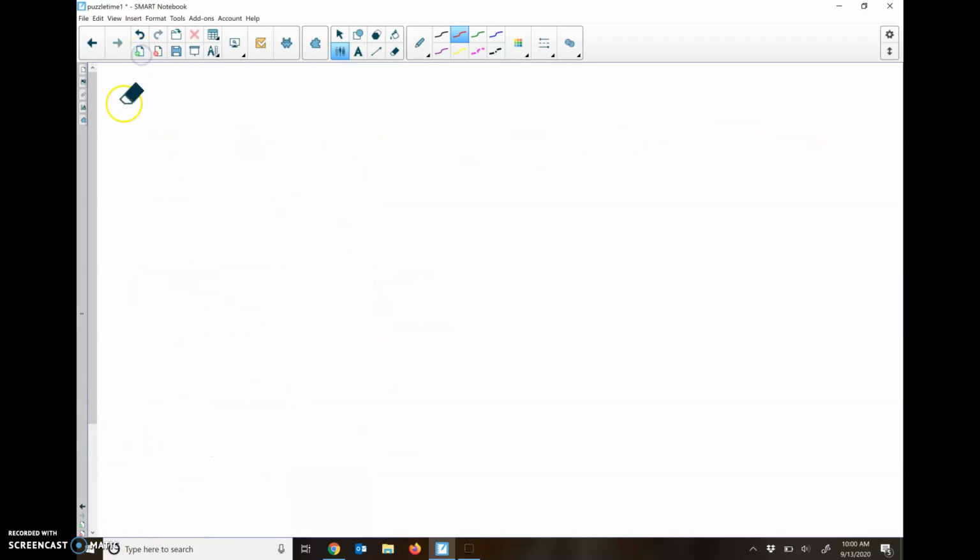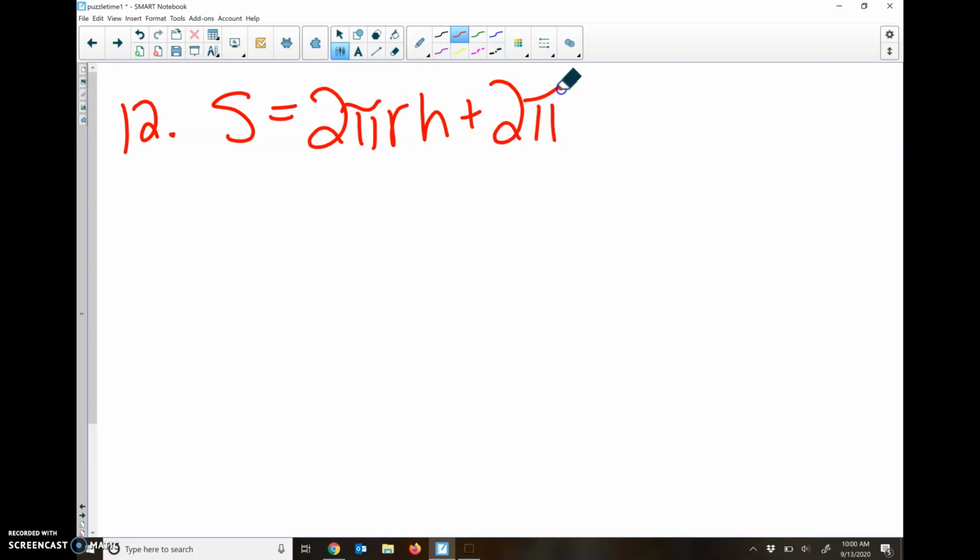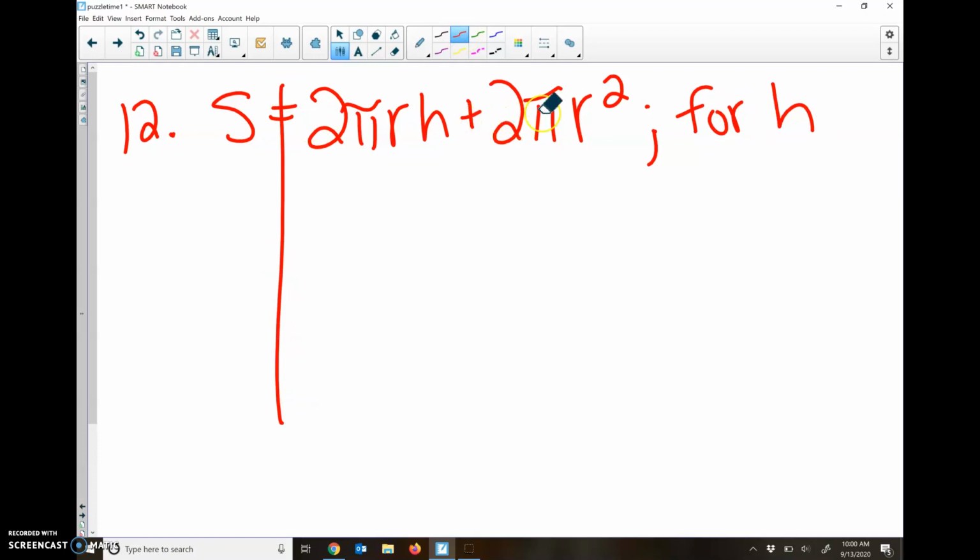Okay, last one. Number 12. It's talking about surface area. So surface area is s equals 2 pi r h plus 2 pi r squared. It wants us to solve for h. So h is right there. It's being added to 2 pi r squared.